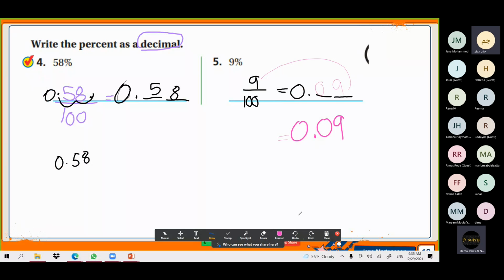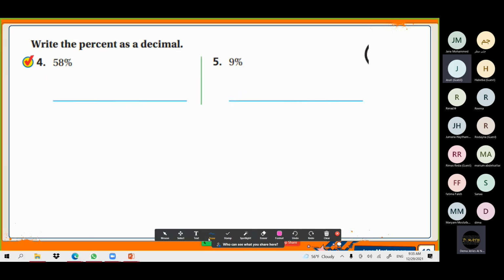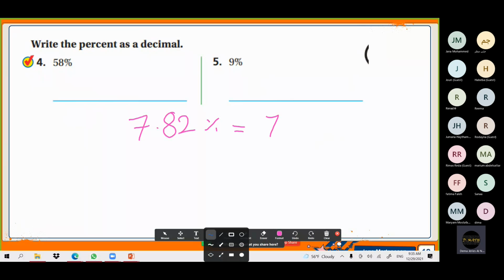Now, the next lesson is the opposite. Did you finish? Yes, I finished. Look, if we have 7.82%, how do we write it as a decimal? Okay, this is an example from me. What do you have to do? First, you say it's 7.82 over 100.